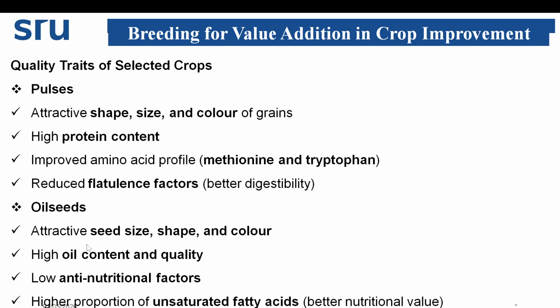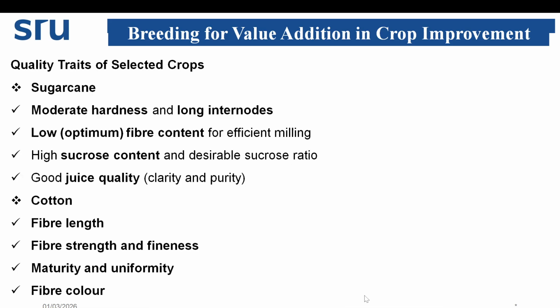Then oilseeds, attractive seed size, shape and color, high oil content and quality. So low anti-nutritional factors, higher proportion of unsaturated fatty acids, that is better nutritional value.